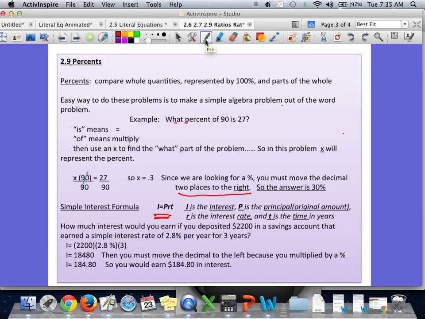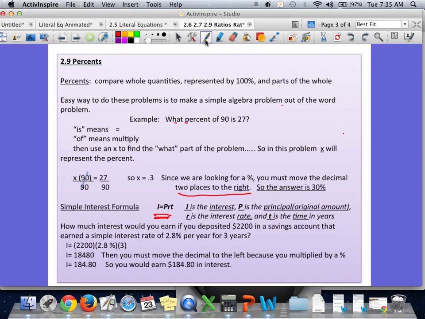Okay, so how much interest would you earn if you deposited $2,200 in a savings account that earns simple interest rate of 2.8% per year for 3 years? So you simply plug in the information that you have and you multiply.